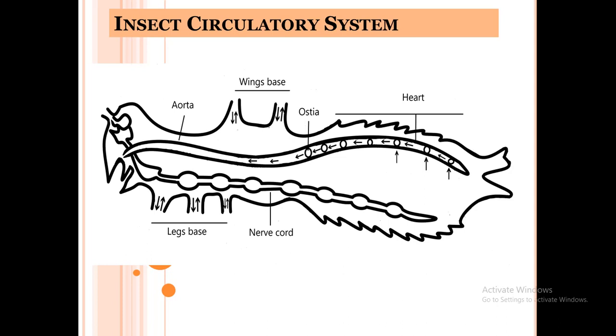The posterior end, which is closed at the terminal part of the abdomen, is called the heart portion, and the anterior portion that extends from the heart and proceeds to the mouth, beneath the brain, is called the aorta. The heart is a pumping organ used to push the blood toward the aorta, and from the aorta it is circulated through the body.